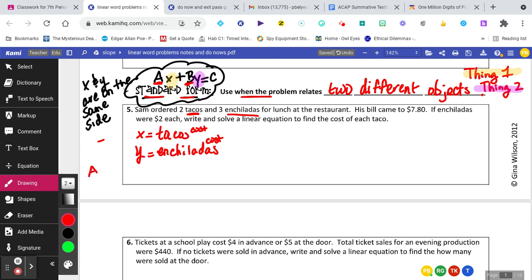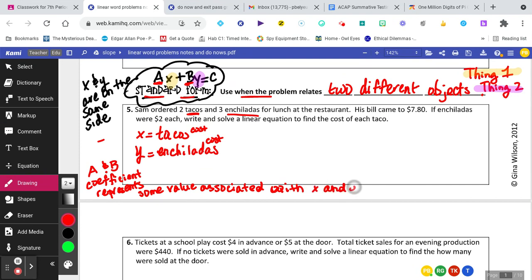So A and B, which are your coefficients, represent some value associated with x and y. So if there's a value associated with x, it becomes the coefficient A. If there's a value associated with y, it becomes the coefficient B, okay?